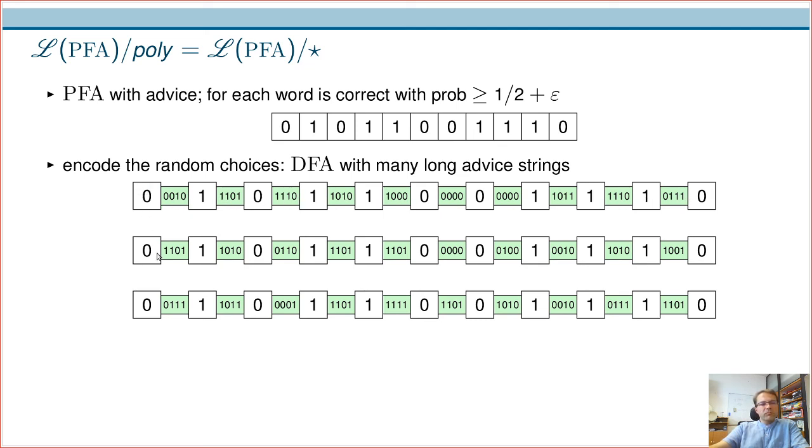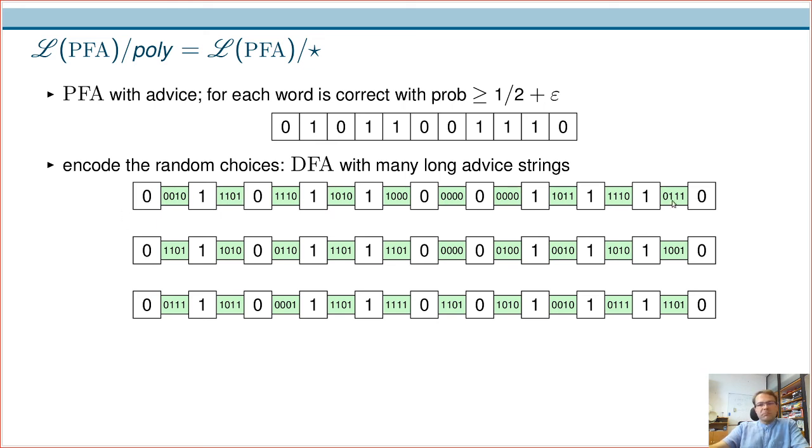So what have we? Now we have a set of advice strings and a deterministic machine, such that if we fix any word and we choose a random string from this set, then the deterministic machine is correct with this probability, where the probability is over the random string. So from this exponential set of strings, for each word there is a fraction of 1/2 plus epsilon that are good for this word. Now there are two problems.